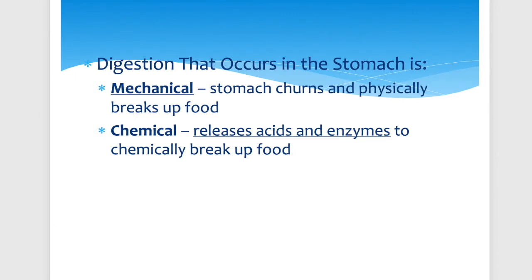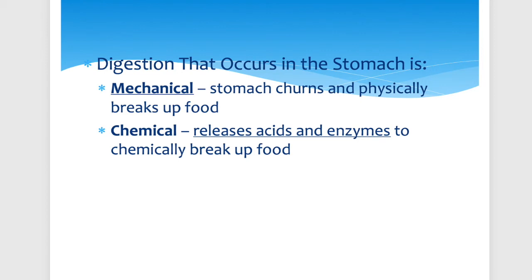If we look at digestion that happens in the stomach, it's going to be both mechanical and chemical. Mechanical digestion is when the stomach churns and physically breaks up food. So after you've eaten, you can sometimes feel your stomach moving a little bit. It's to help physically break up your food. And then the chemical digestion is also going to release acid and enzymes to chemically break up that food.